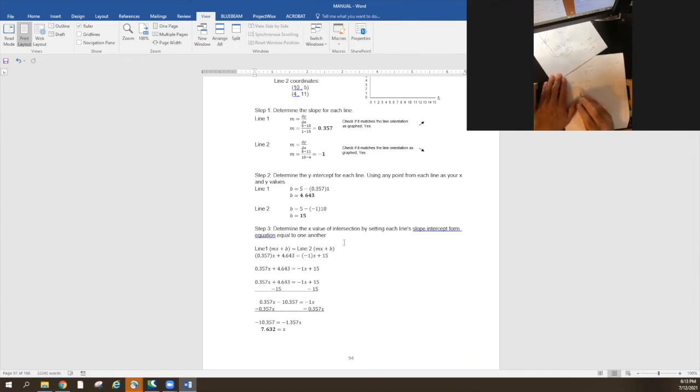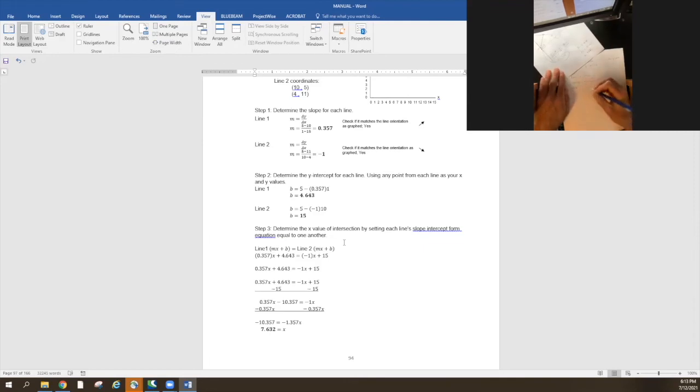So the slope for line 1 we found to be 0.357.